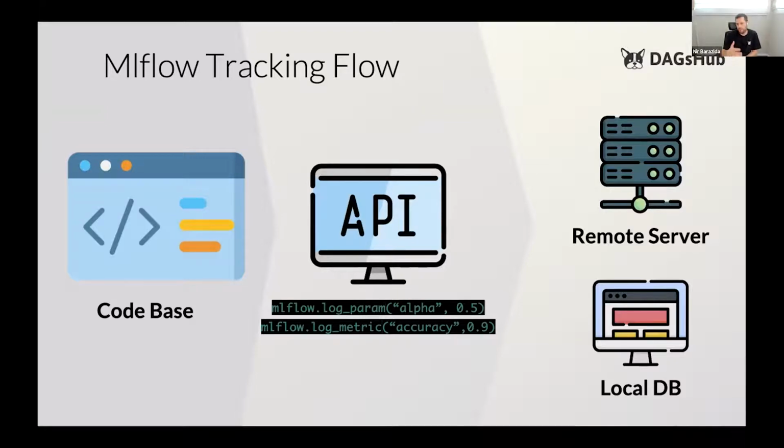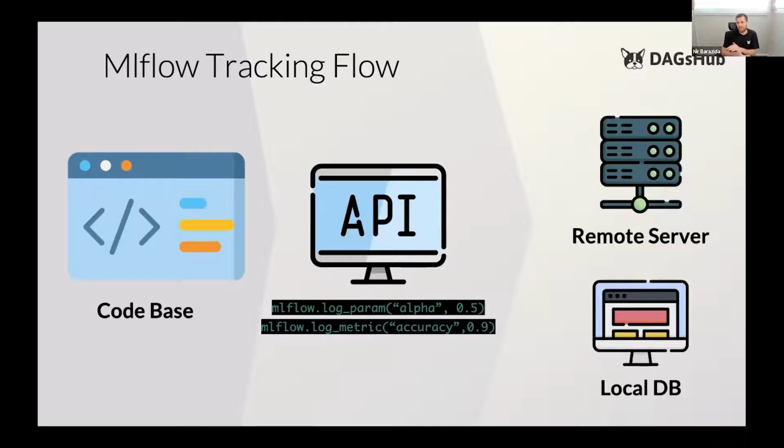MLflow has more capabilities, like autologging. If you're using one of the commonly used frameworks like TensorFlow, Keras, PyTorch, sklearn, FastAI, etc., you can simply import MLflow, then add one line of code, which is mlflow dot the name of the framework, let's say keras dot autolog, and it will automatically log the information of the experiment to your database.